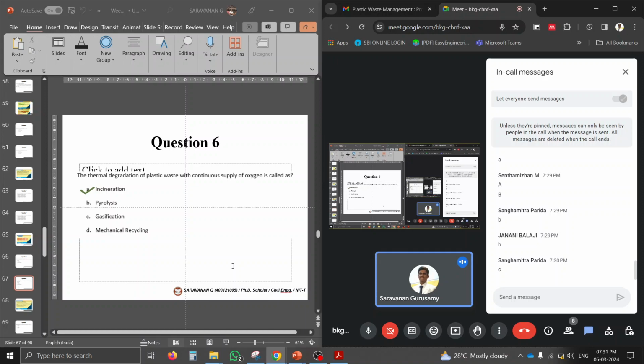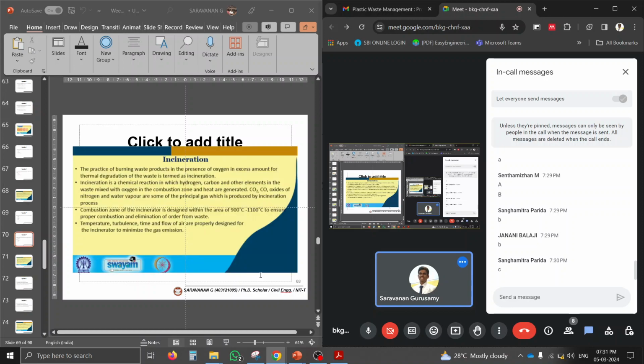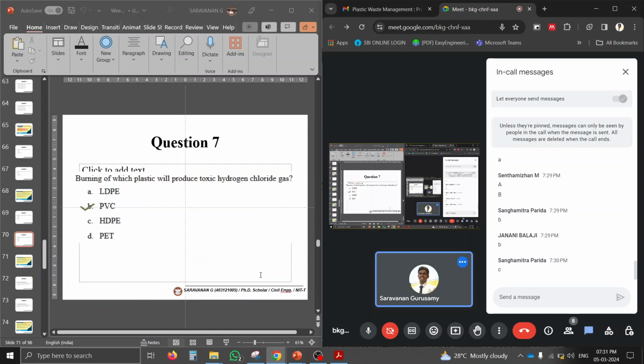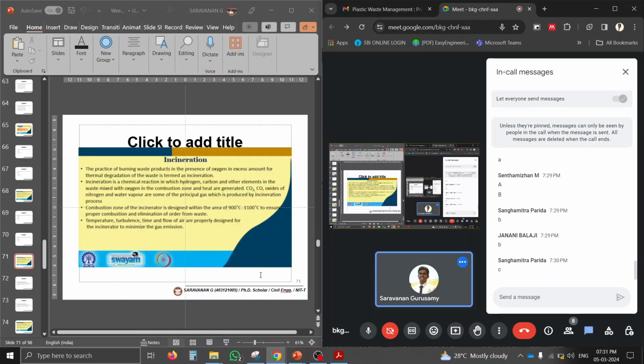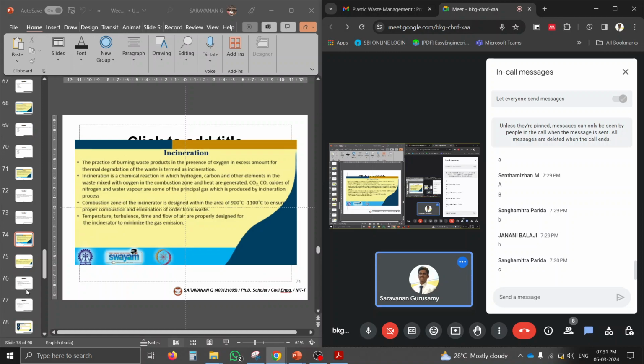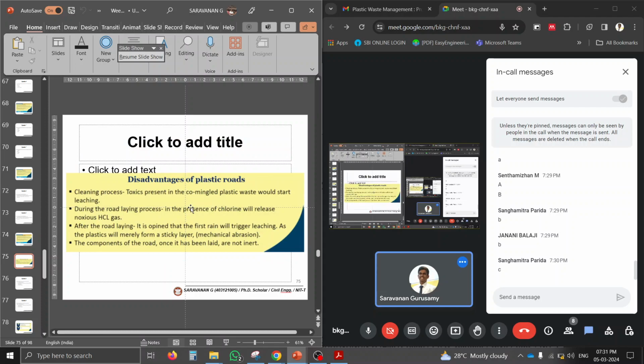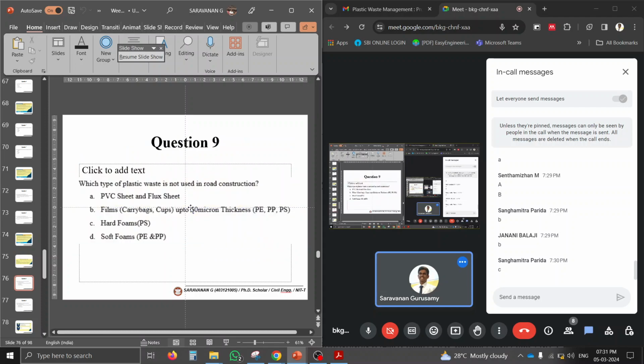Continuous supply of oxygen would be incineration. Most are already discussed.